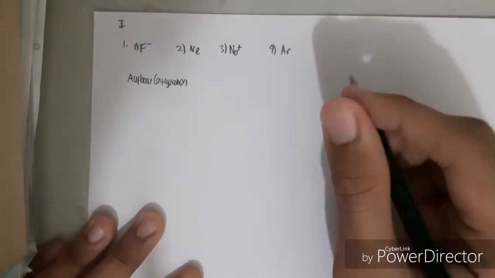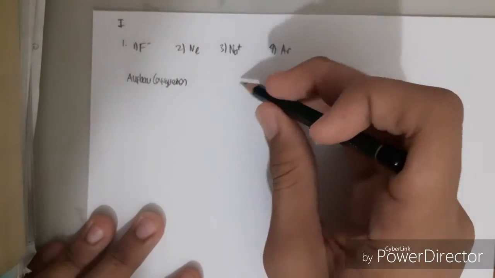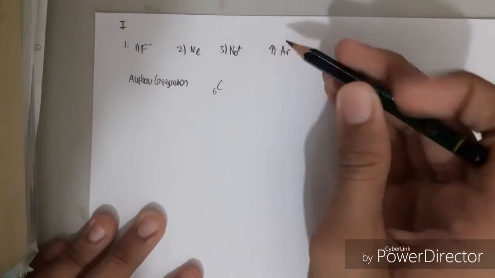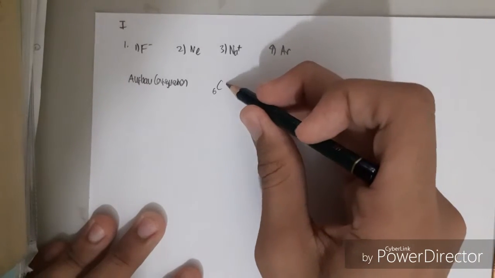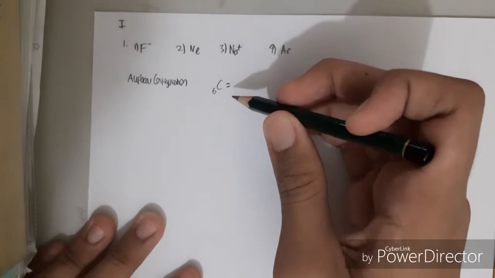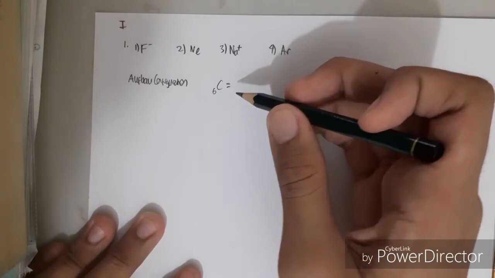Now the Aufbau configuration actually looks like this. For example, we have carbon, which has 6 electrons. I just put it with the maximum number in the electron shell.